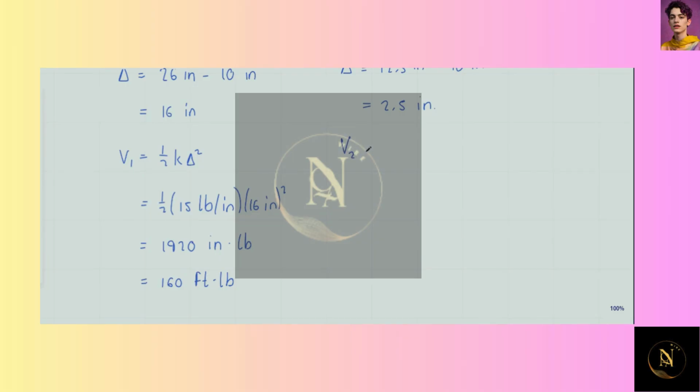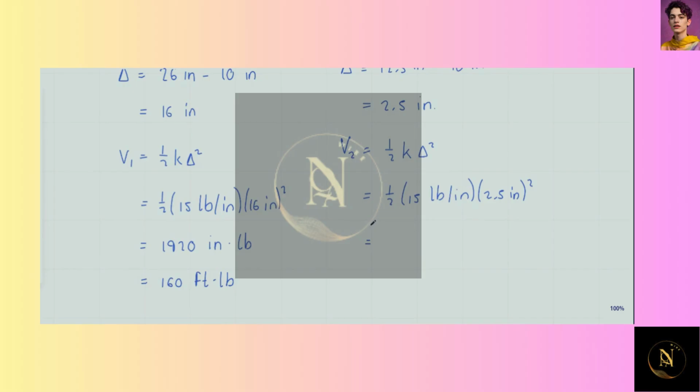The potential energy in position 2 is a half K delta squared. So that's a half. Again, K is 15 pounds per inch. Delta is 2.5 inches. And we square that.